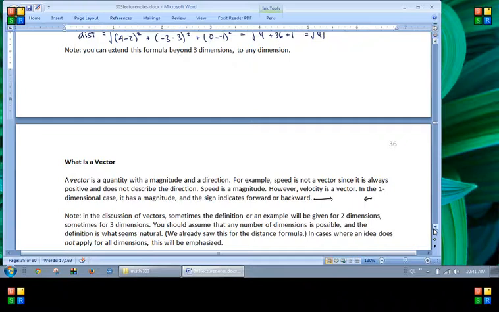We already saw this for the distance formula, that we can extend from 2 dimensions into 3 dimensions. Same thing is going to be true when we talk about vectors. And in most cases, the definition is going to be an obvious natural thing, just like it was with extending the distance formula. Now, there are some rare cases where an idea that we give does not extend to a different number of dimensions. And that's important, and I'll mention that specifically.